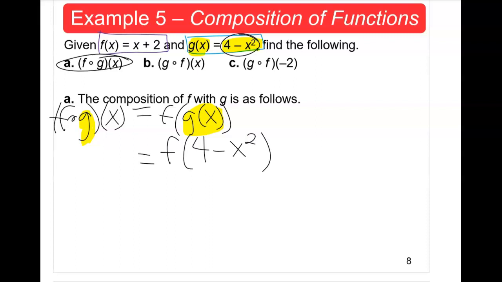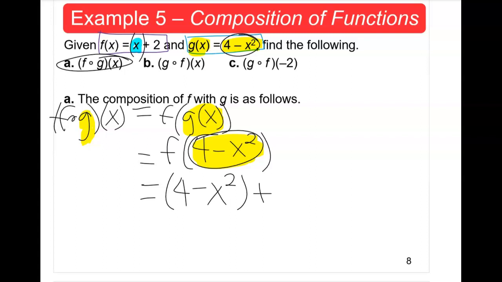Now, what does that tell me? That for this x right here that belongs to function f, I will replace all of that with the equation of function g. And so it will say, instead of x, we enter 4 minus x squared, and then plus 2.